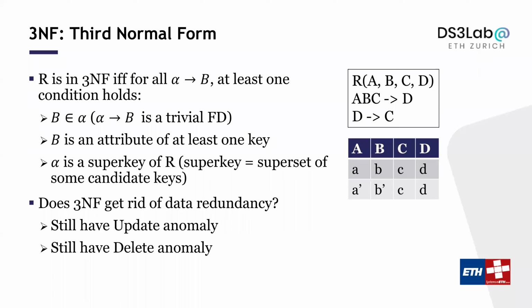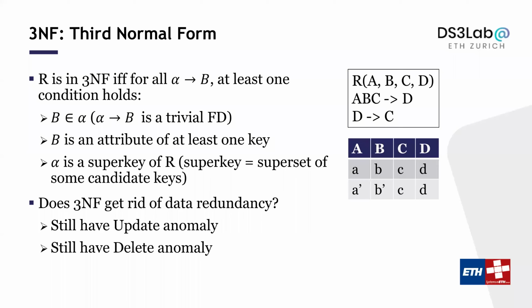So what's the question? Why D is not a key? Why D cannot be a key from this one? Given these two functional dependencies, you cannot prove D is a key.